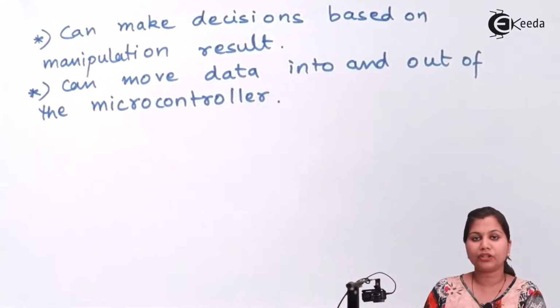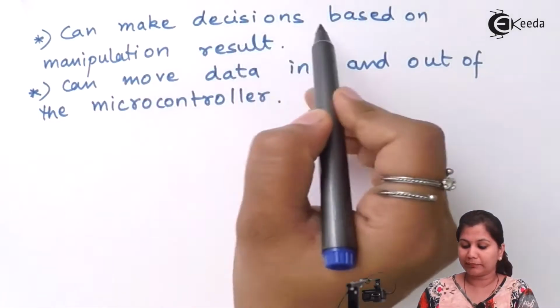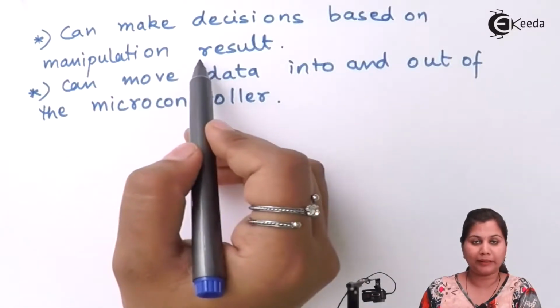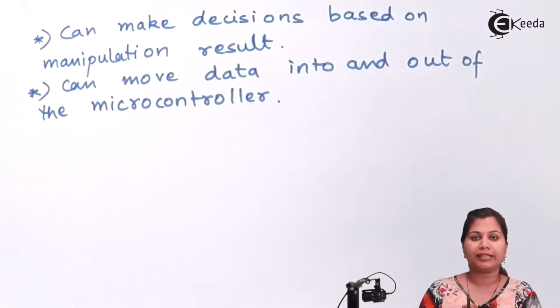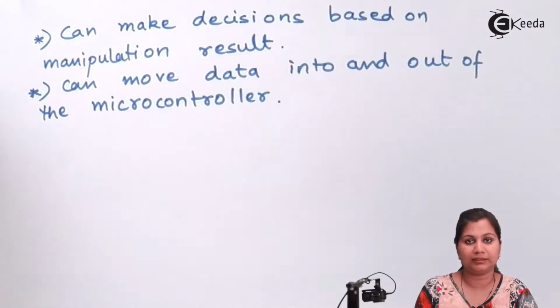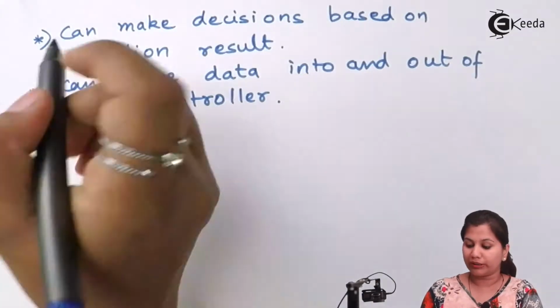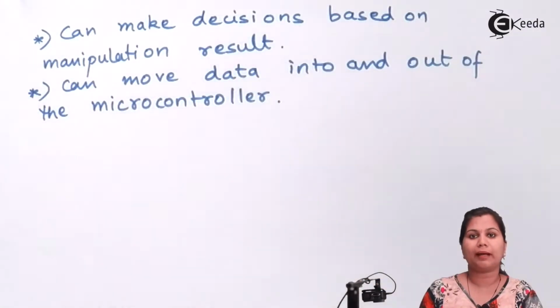Also, with the help of the instruction set of 8051, the microcontroller can make decisions based on the manipulation results. If we get any result of an operation, then on the basis of that result, decisions can be made. Like if two numbers are compared and we find that this number is greater than the other number, then let's perform the next operation.